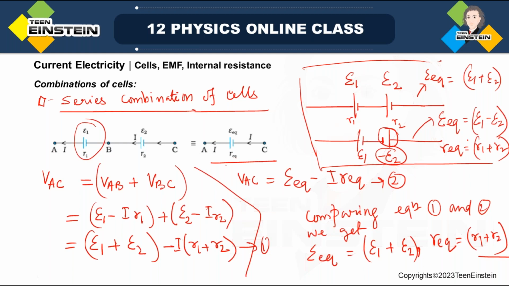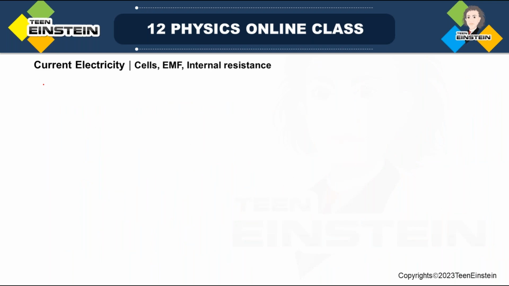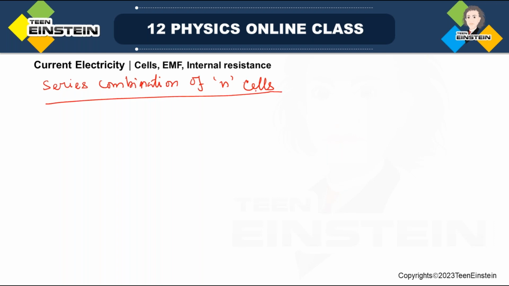Now look, if I go for a series combination of n cells, let me write series combination of n cells. So I have n cells, say I'll just draw a figure like this: positive, negative, then positive, negative.